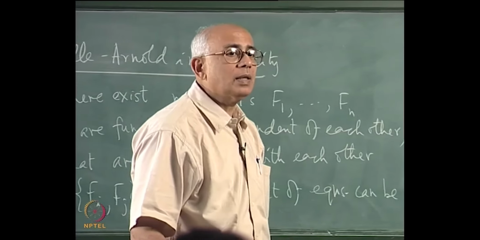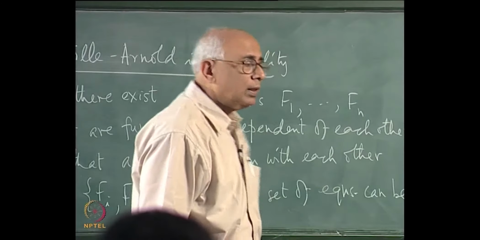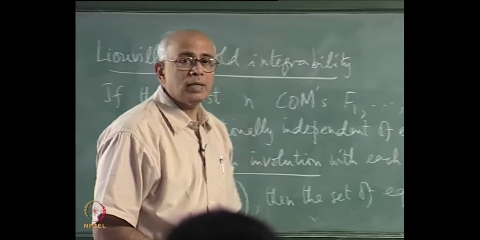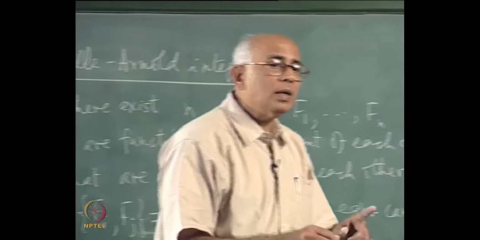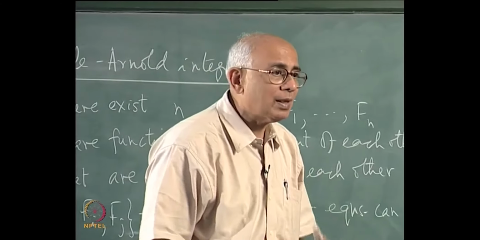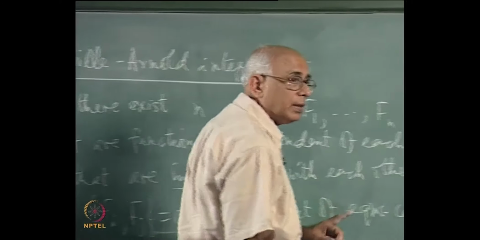What is the guarantee that a given system has or does not have these n constants of the motion? That has to be examined on a case by case basis. There is no general way of stating when a given Hamiltonian system is integrable. That is the first part. But now let me complete that.